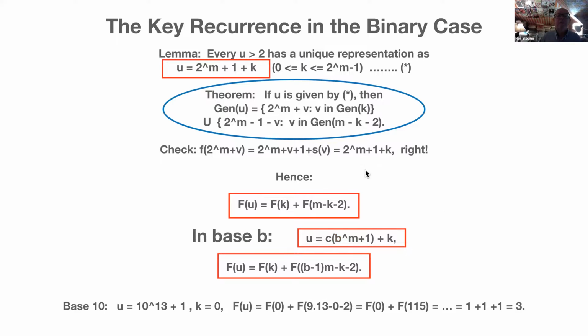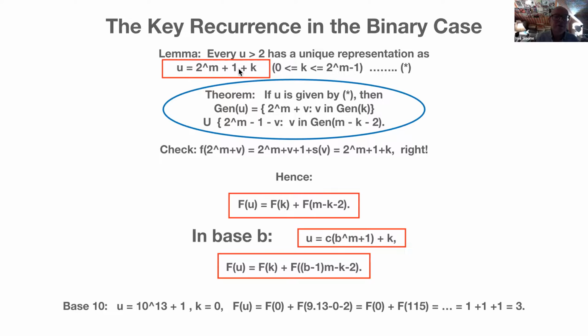And that is the basis for the recurrence. Let me just give you an idea of what's going on by talking about the base 2, the binary version. We want to prove that the number of generators for U is such and such. To get there, we express U in a canonical form, a nice way. We write U as 2 to some power m plus 1 plus k.